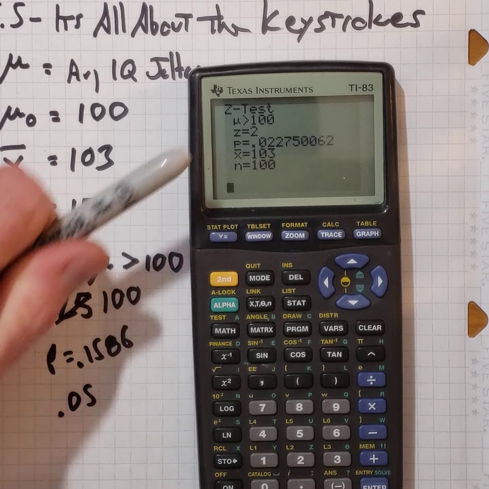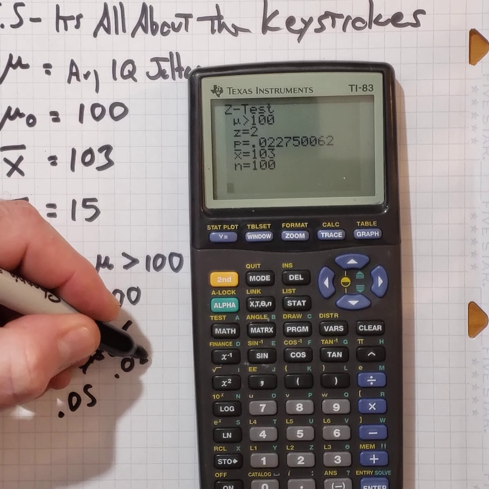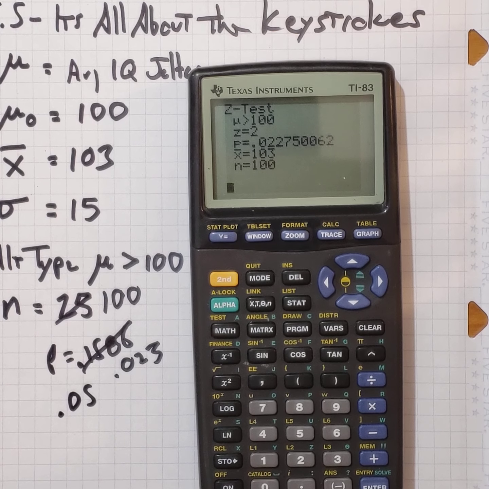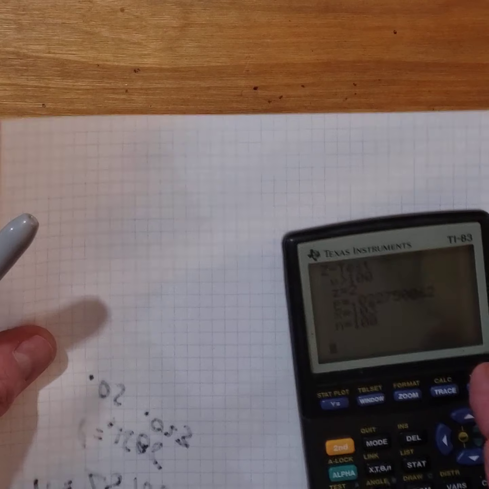Our p-value is down to 0.023, or about 2.3% doubt. That's less than our significance level. So now we can say we reject the null hypothesis in favor of the alternate. We reject the idea that Jefferson College is average in favor of the idea that Jefferson College is above average. Okay, that's the whole thing put together.